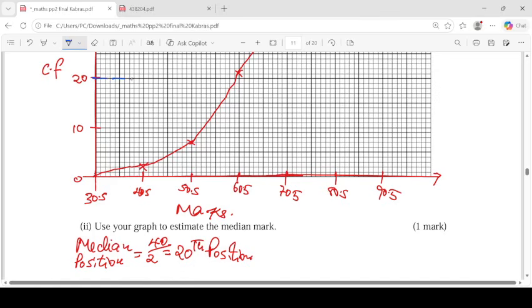Then you have to show an examiner using these dotted lines that you've obtained your value from the graph. So after that, now you present your value. You can see that, in fact, it's not exactly at that line. It is somewhere here.